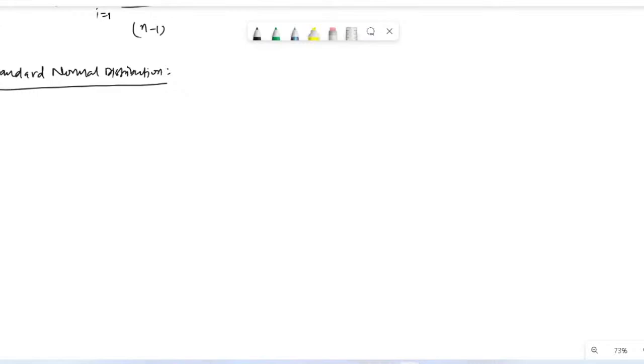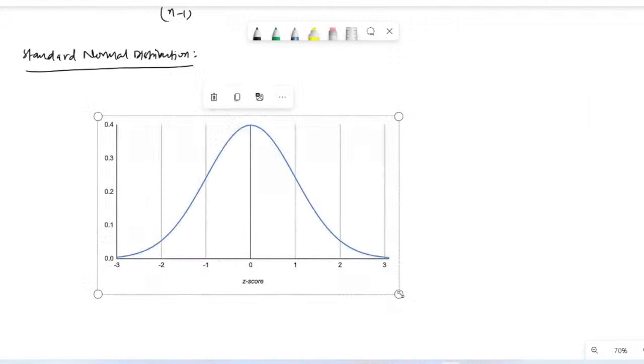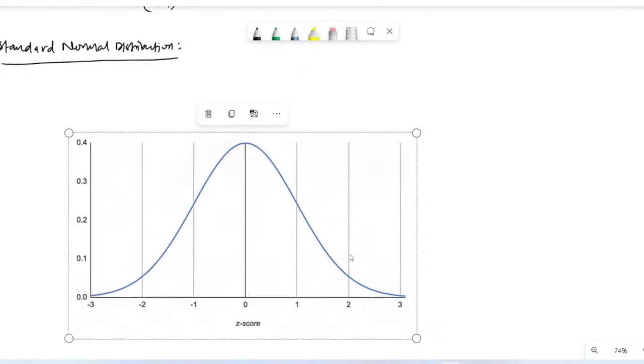Let me just look for the plot straight away. I can take a plot, and on the basis of the plot, I can show you the value distribution section. Okay, standard normal distribution will look like this. On the x-axis side, we have this time the z-score. Z-score is the way of standardizing your data.